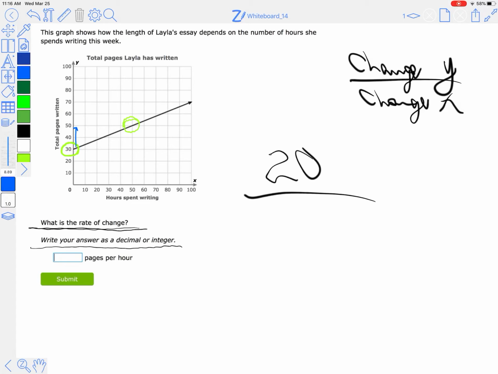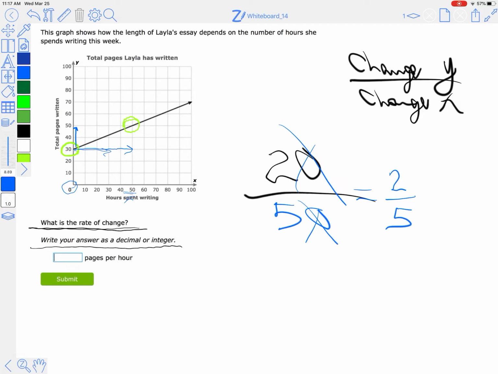I start from the x-axis and go over. I'm starting at 0, and I'm going over to here, which is all the way over here to 50. So a change from 0 to 50 is an increase of 50. So the change in x is 50. We can simplify that. The zeros can cross out, and it's 2 over 5.